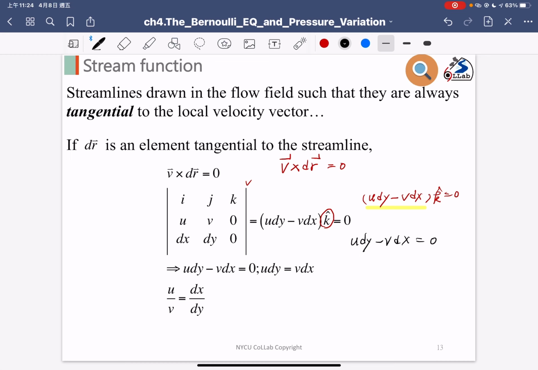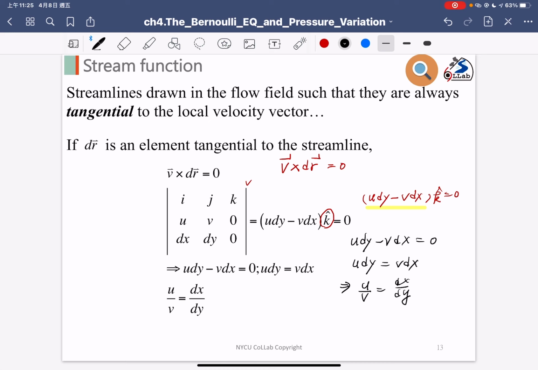And then you can reorganize the equation, so you know that u dy equals v dx. And you rearrange, and finally you can see that u divided by v is equal to dx over dy. It's the same as the equation I showed in the previous slide. I told you the spatial gradient will always equal the velocity ratio, right?